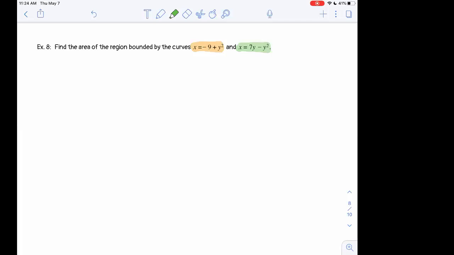Okay. So let's take a look at what this looks like. If you have access to Desmos, let's go ahead and graph these. The nice thing about Desmos is you can just type in the equation, so you don't have to solve for y first. You can literally type in x equals -9 plus y squared, and Desmos will give you a picture of that.